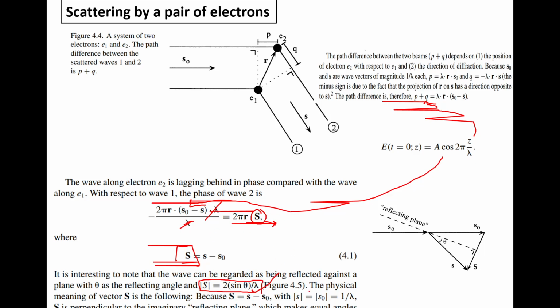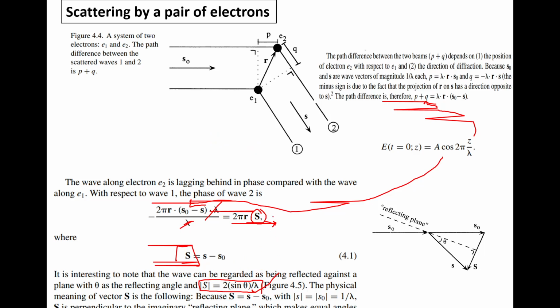Because S is equal to S naught divided by 1 lambda, the capital S value is 2 sine theta by lambda. If the magnitude of S, or the order of diffraction, becomes n, then it becomes n lambda equals 2d sine theta, right? So that concept will come from here.